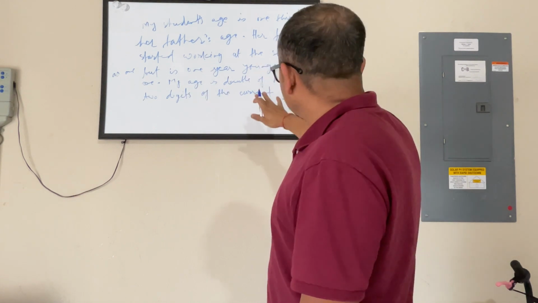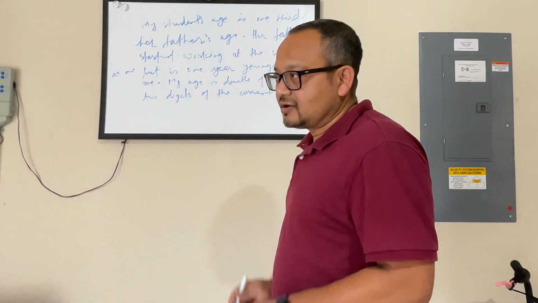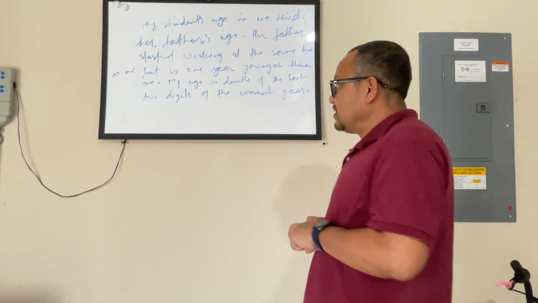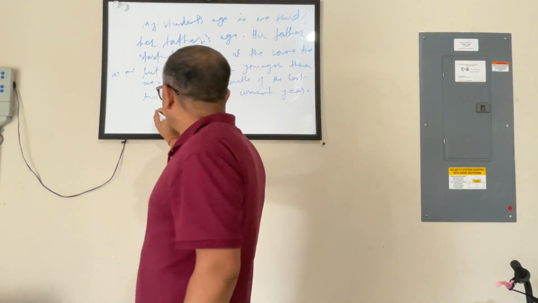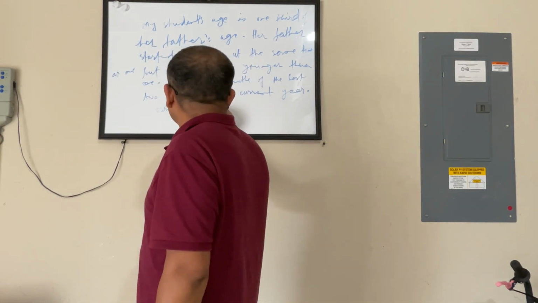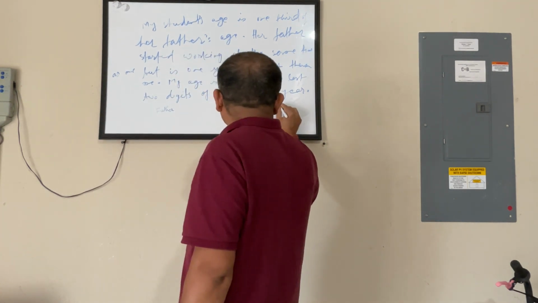My age is double the last two digits of the current year. Now tell me, what is your finding? What is the age of the father, girl, and teacher?